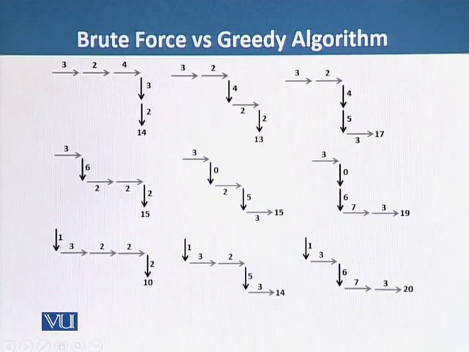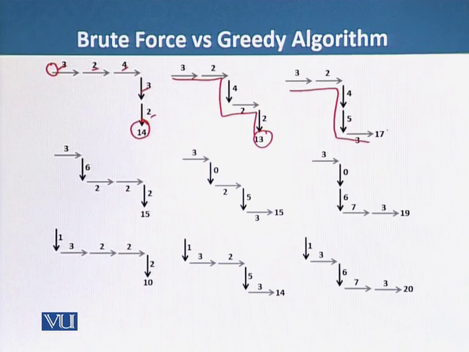So we assume that this is the grid and there are different possibilities where a tourist starts from the source and ends up in the sink. We will calculate all the values that are written on the vertices. We can see that this is 14, and if the tourist adopts this path, it ends up at the sink with 13 score, and if it uses this path, it ends up at 17, and so on.